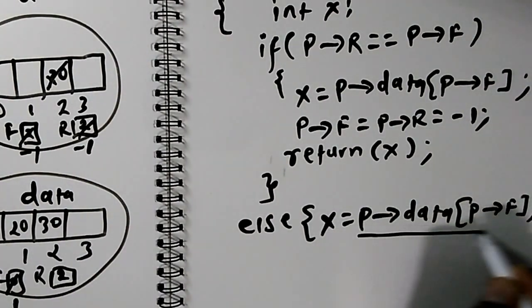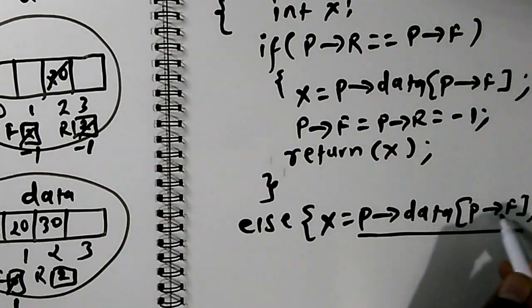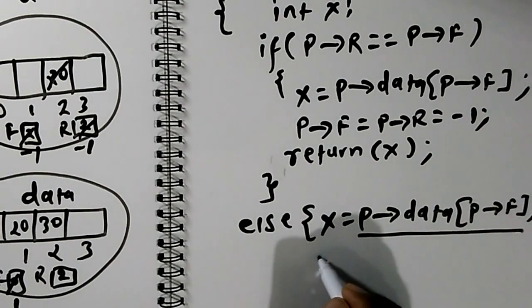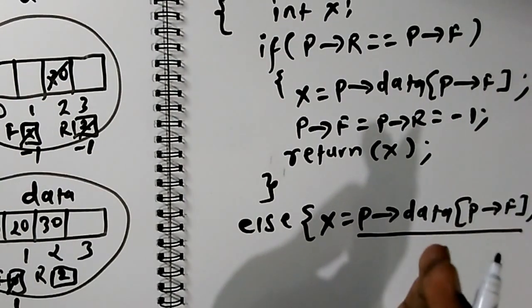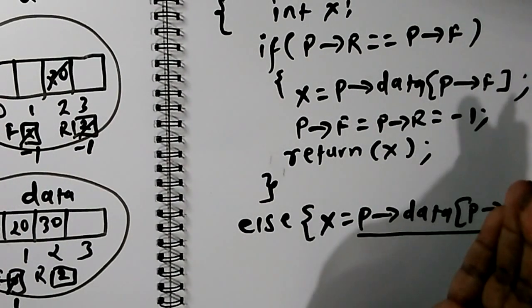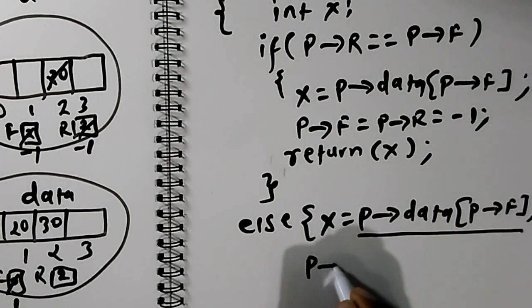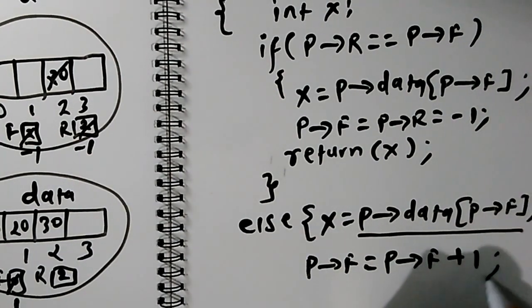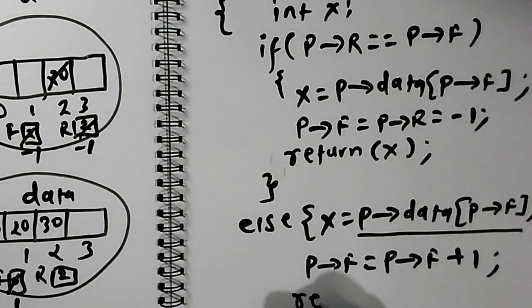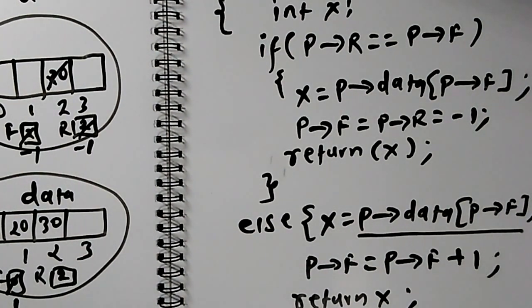So this will give me the value from the data array which is present on location F, and then I'll increment F by 1, saying the value on the F location is deleted and the oldest value is on the next location. So P arrow F is equal to P arrow F plus 1, right? Then return this value x, return x. That's it. That's the dequeue function.